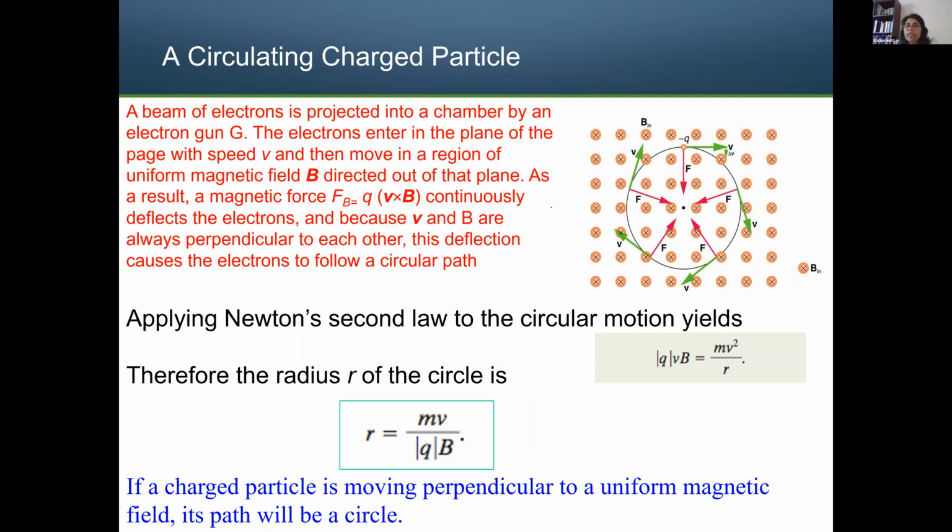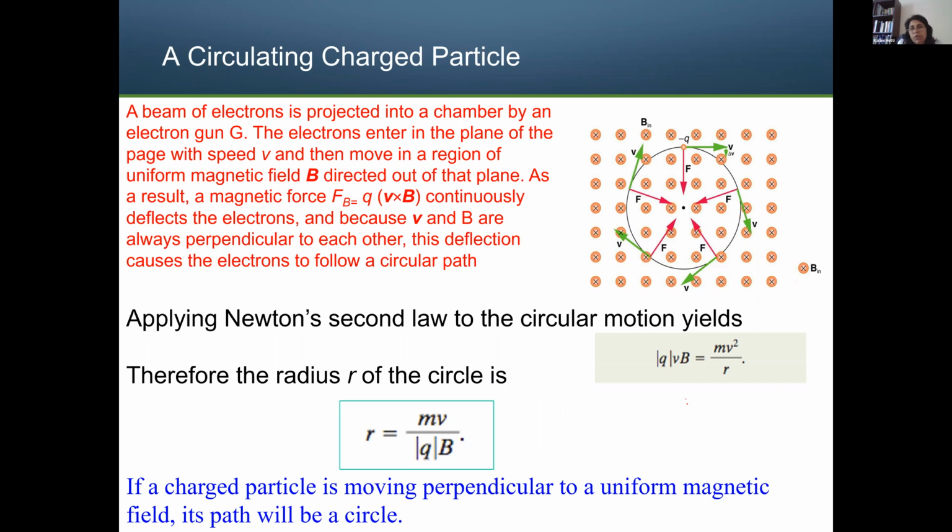But here I'm going to discuss your Physics 1 class related to that. You remember that if there is a particle moving on a circular path in uniform circular motion, we discussed the centripetal force. In this case, the force that we define as centripetal force is the magnetic force, right?